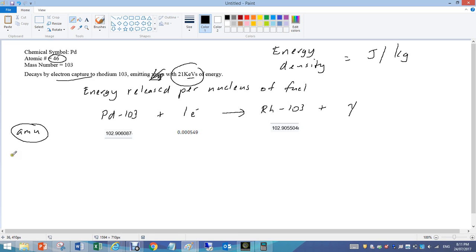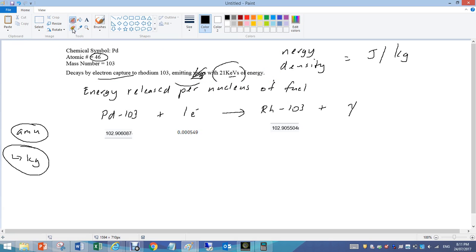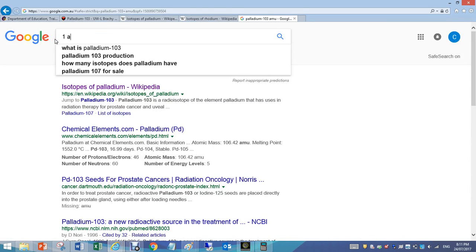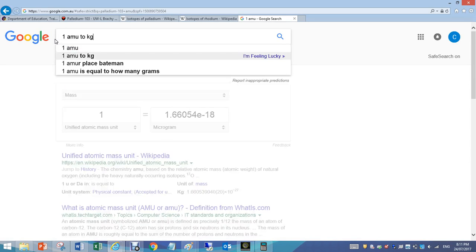Now let's convert to kilos as our next step. So we know that 1 AMU equals, now I actually can't remember this, it's 1.6066 I think, by 10 to the negative 27. I'll just check 1 AMU to kilograms.